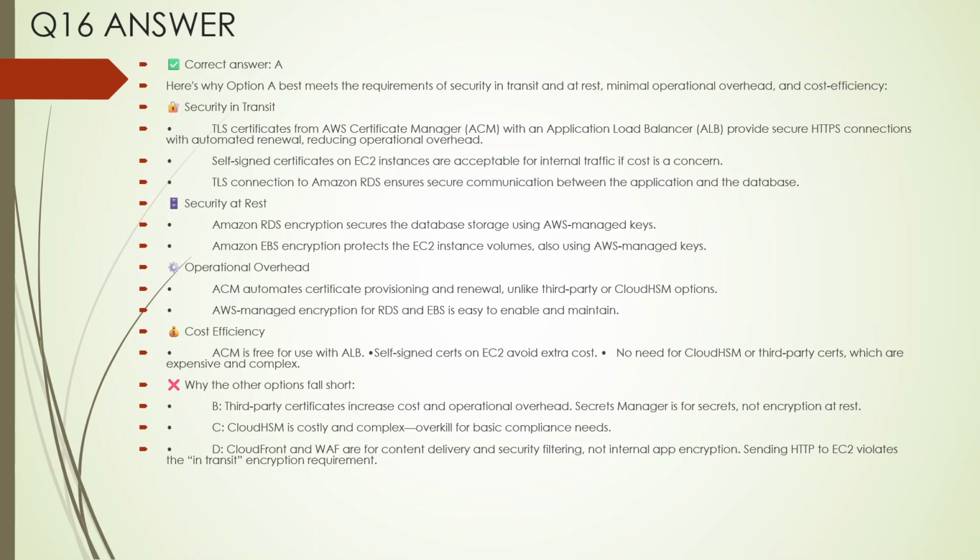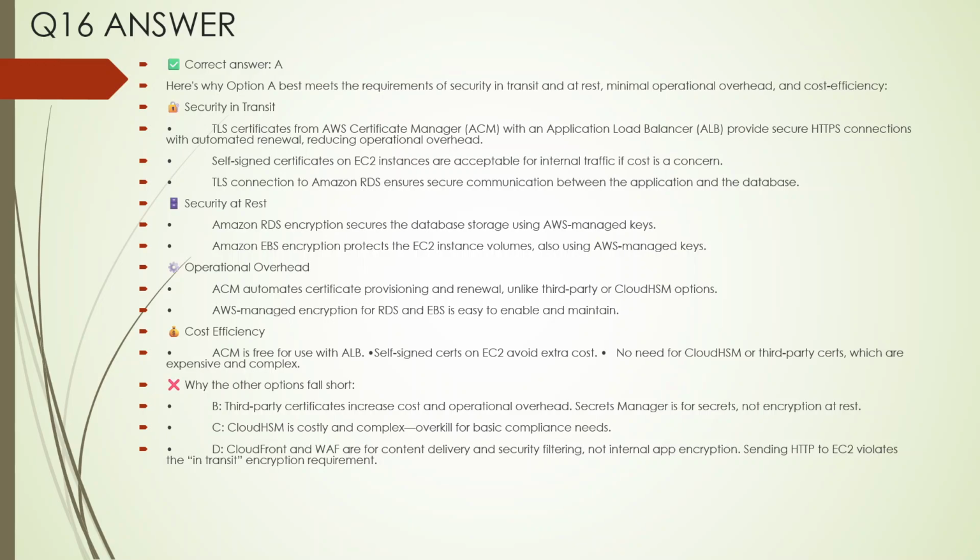TLS connection to Amazon RDS ensures secure communication between the application and the database. It's secure at rest because of Amazon RDS encryption, which secures database storage with an AWS managed key, and Amazon Elastic Block Store encryption protects the EC2 instance volume, also using an AWS managed key.